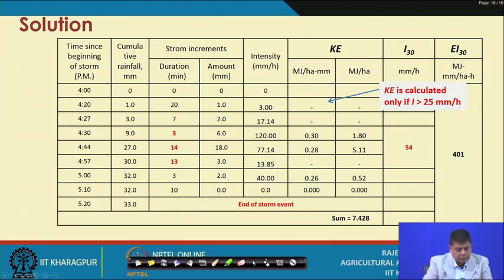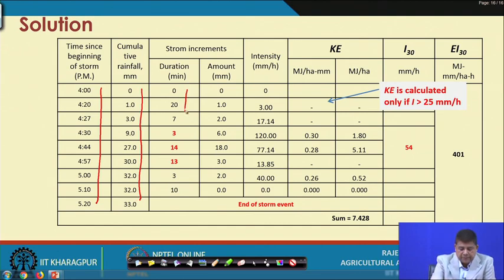So, here is the solution. Here again the time since beginning will be there, cumulative rainfall will be written as it is, and duration of course remains the same, there is no change, that is 4 to 4:20, 20 minutes. Then rainfall is 0 to 1, that is 1 mm.